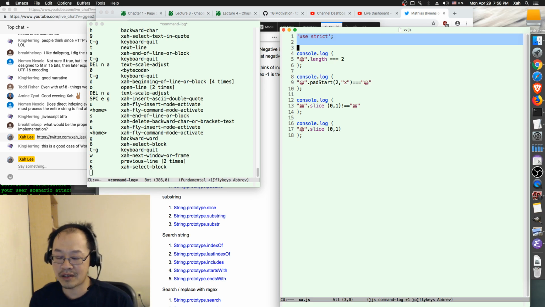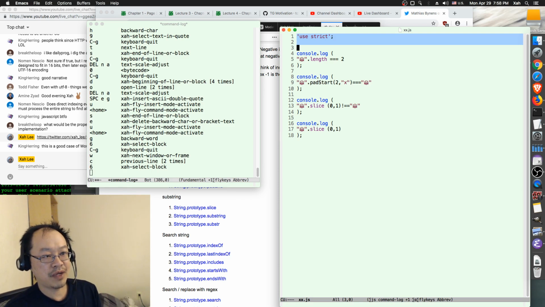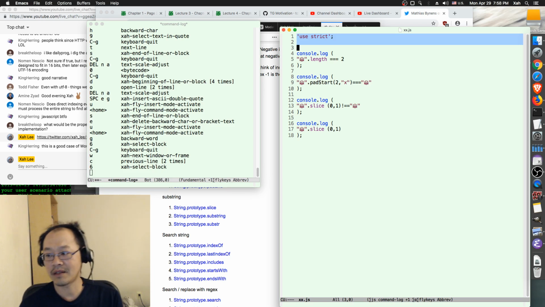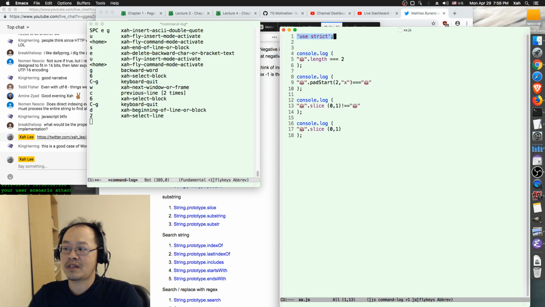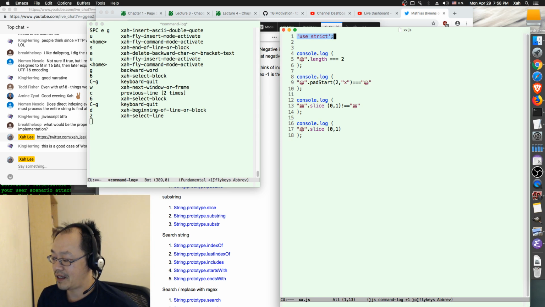They created use strict, I forgot when, 2008 or something. But anyway, they did not do a very good job. Even if you have used strict, it doesn't change much except some of the very bad things about JavaScript.